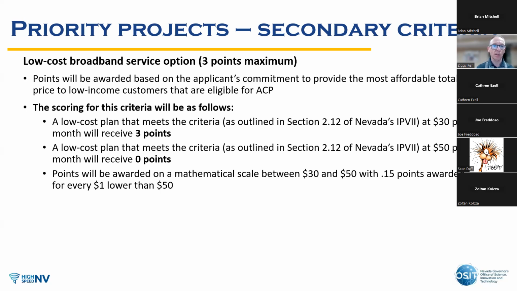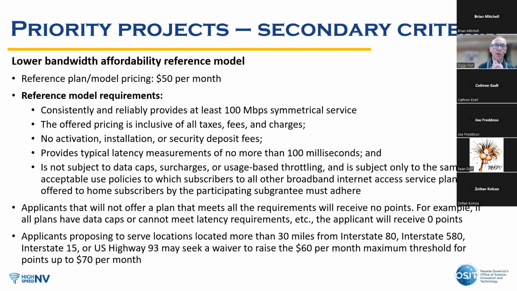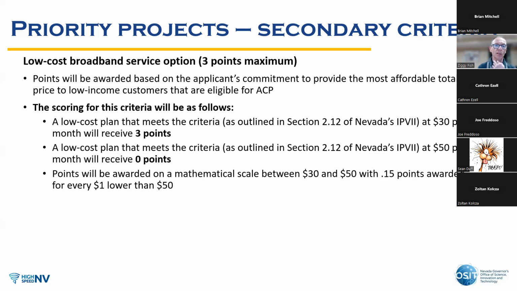So if they meet the criteria, and the criteria are available in IPv2, and they're also, by the way, similar to the criteria we laid out for the reference model. If you meet that at $30 per month, you'll receive 3 points.